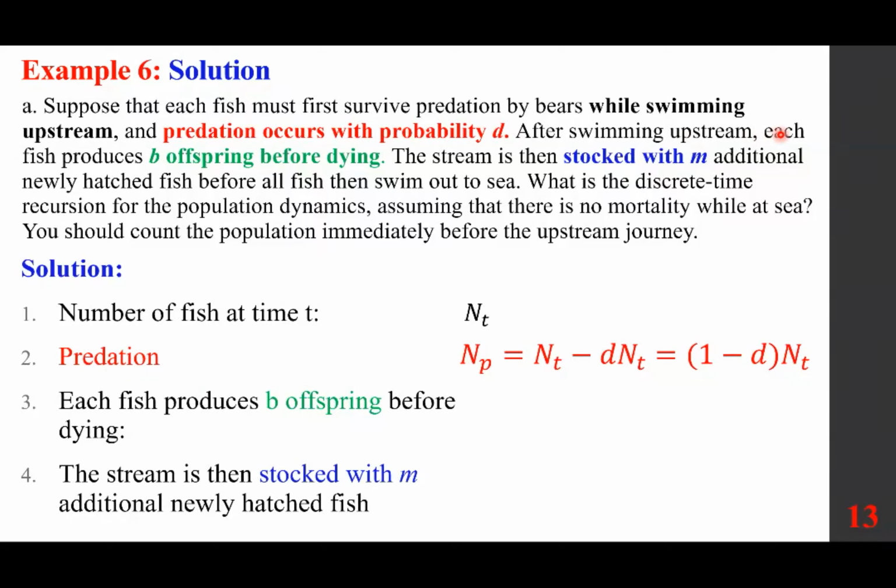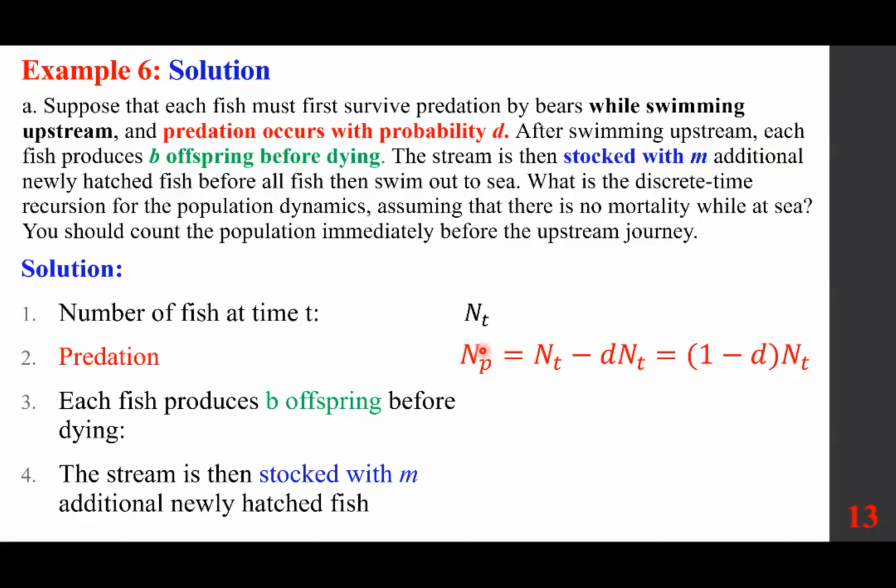After swimming upstream, each fish produces B offspring. So each fish produces B offspring before dying. So basically, this number of fish get multiplied by B, and then normally we add that one also, but they will die because after swimming upstream, each fish produces B offspring before dying, so they will not survive themselves.